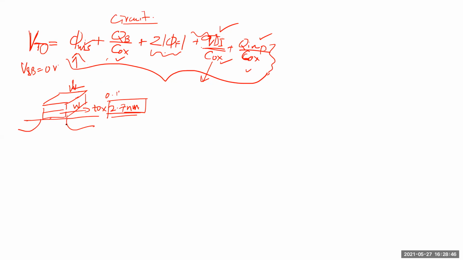So all these heights here, the depth of the N plus, P plus, and so on, I have no control on. That's already decided by the process. If you are a processing guy and you're designing a process, then you have access to all this, right?